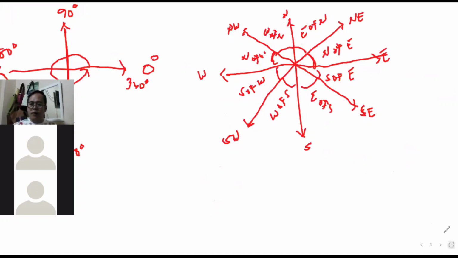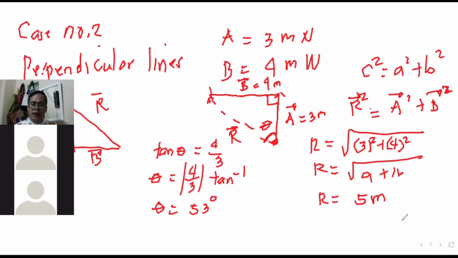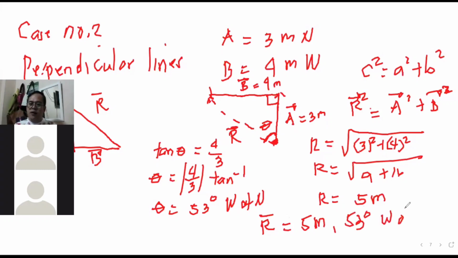So therefore, this one is west of north. So do not forget your direction. So the resultant vector therefore is equal to 5 meters at 53 degrees west of north.